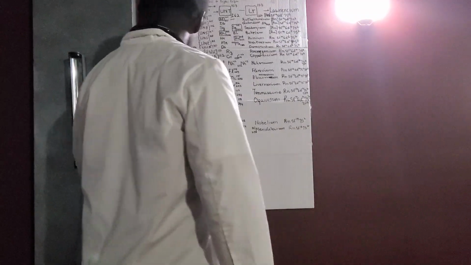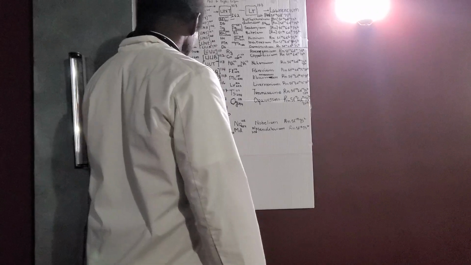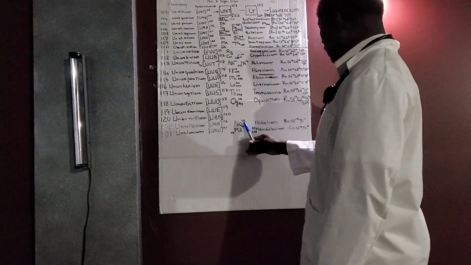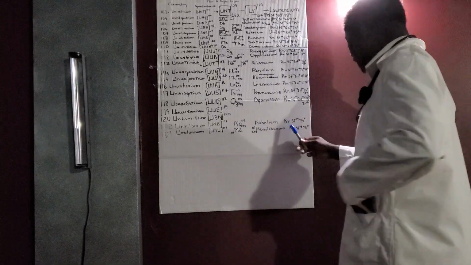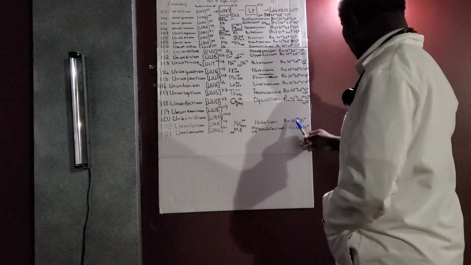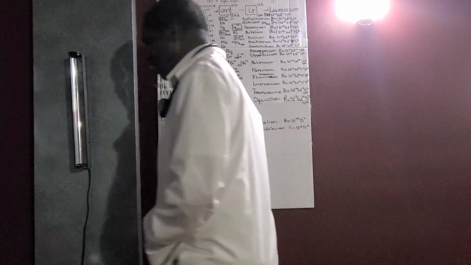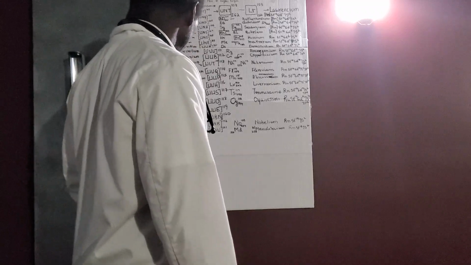And unnilbinium, UNB 102, and that is nobelium, which has atomic number 102, atomic mass 259, and an electronic configuration of Rn 5F14 7S2. We're focused on the last 20 elements of the periodic table.